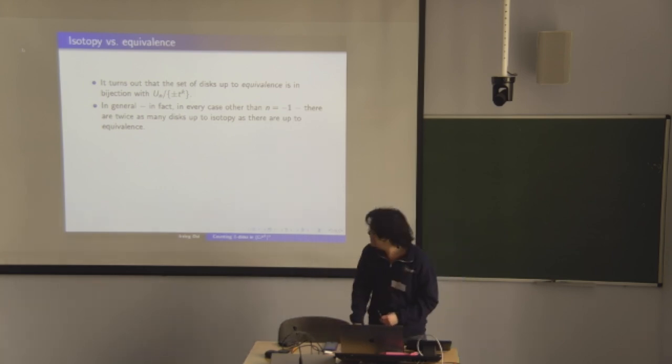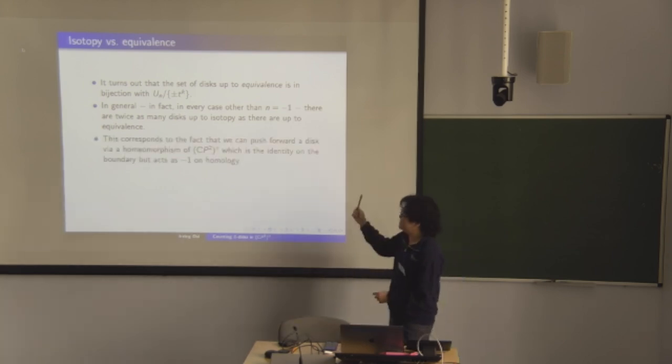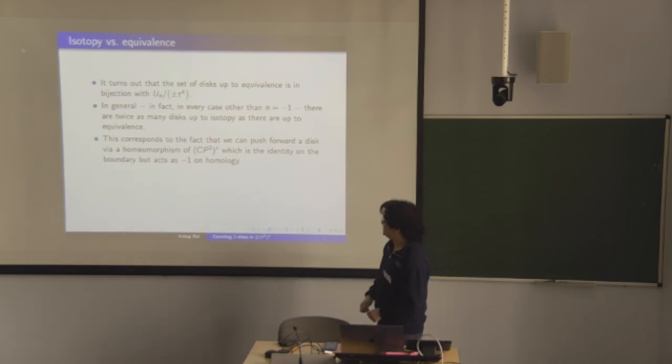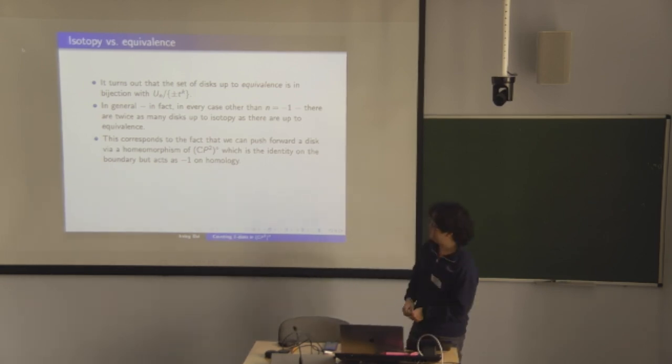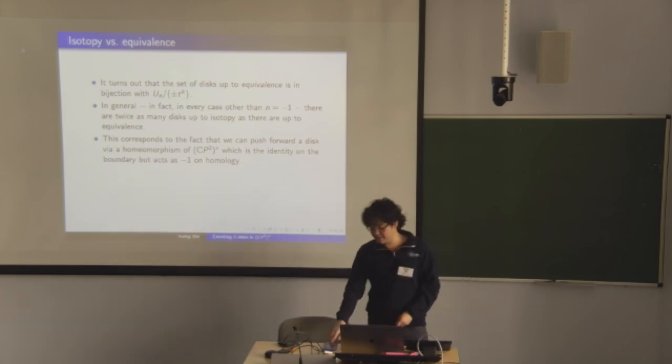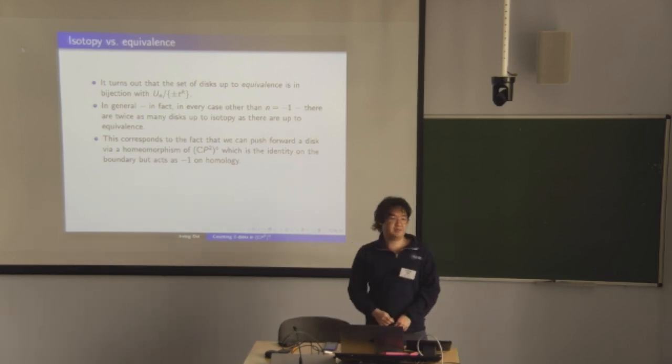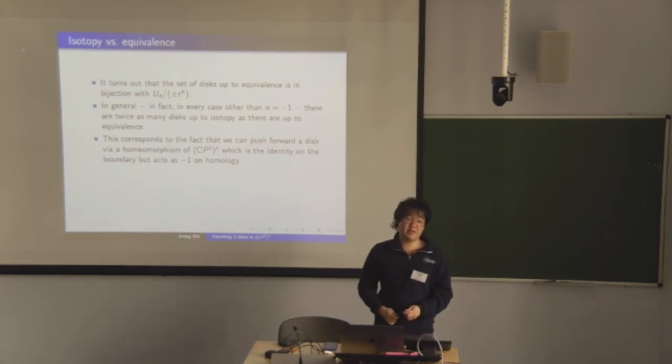What is the explanation of this discrepancy? Well, if I have a disk inside of punctured CP2, there's a homeomorphism of CP2 which is the identity on the boundary but is non-trivial on CP2. In fact, it's homologically non-trivial. It acts by multiplication by minus 1 on the homology of CP2.